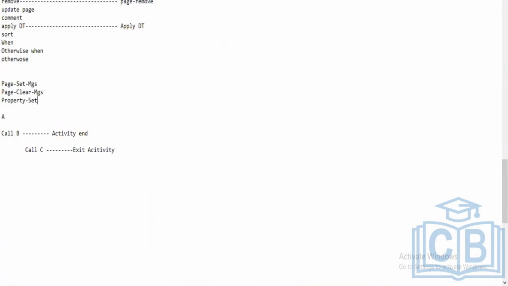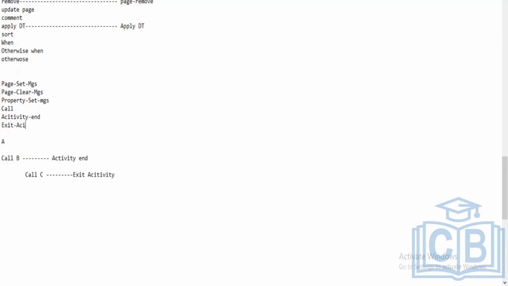We have discussed call method, and we have discussed activity end. We have to see one data transform. Everything will be easy. Only exit activity is easy. We have discussed. That's it, right?